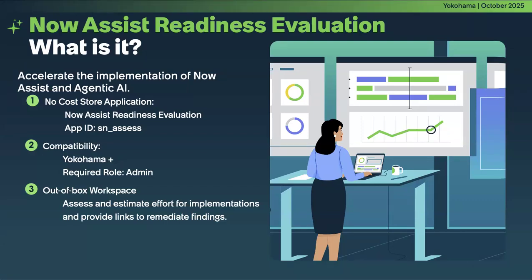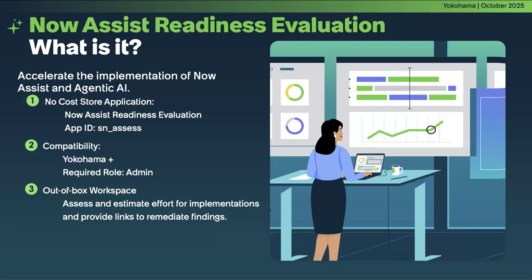It's designed to assess readiness for Now Assist and agentic AI, to estimate the remediation effort, and then to provide direct links so that your developers can take action on that information. This way, instead of guessing or building spreadsheets to track what's missing, you get clear, actionable insights right in your instance.